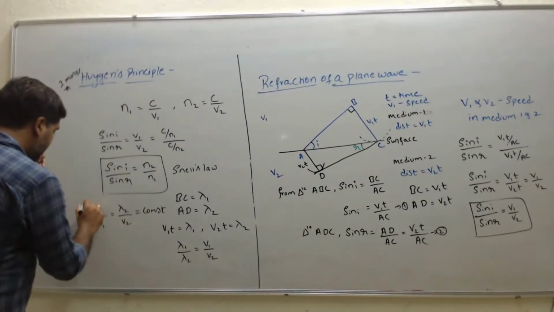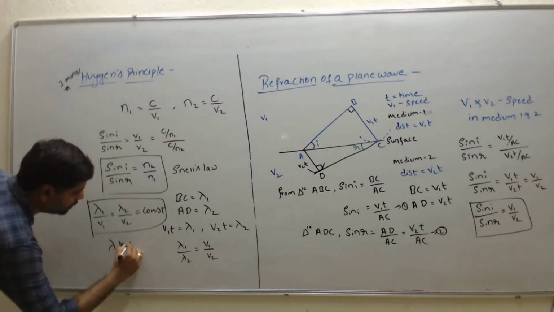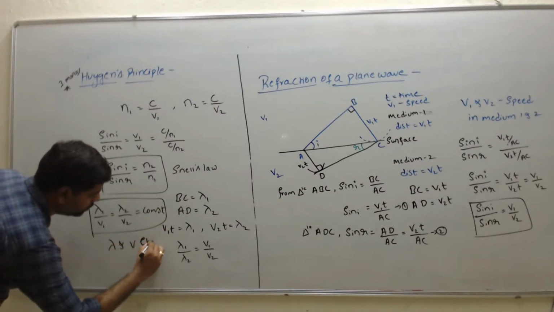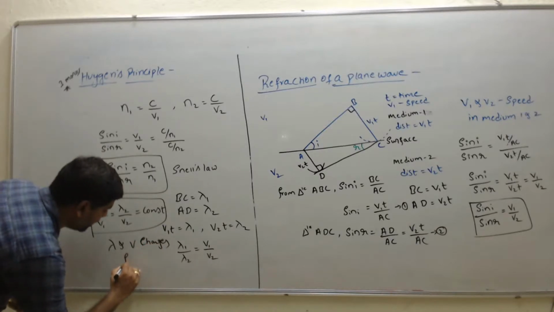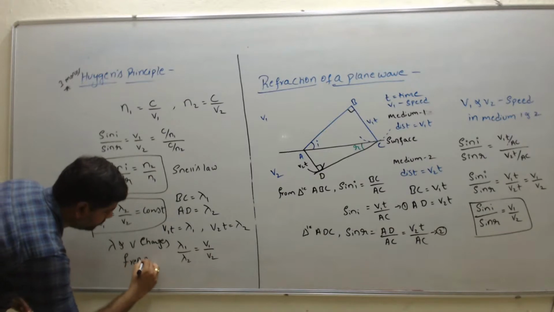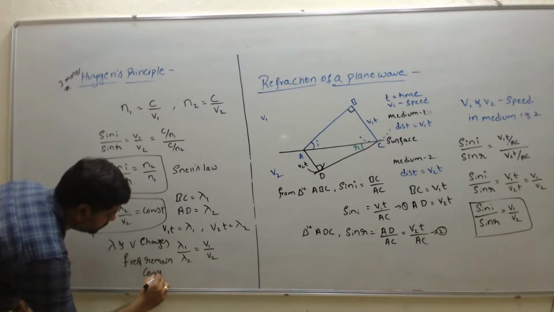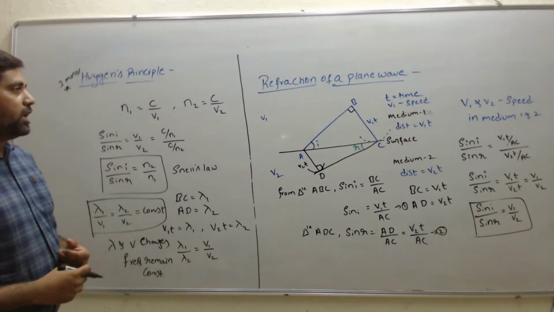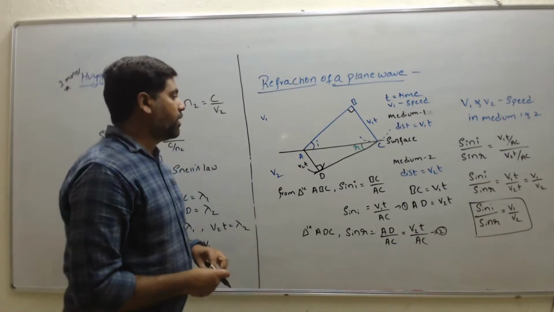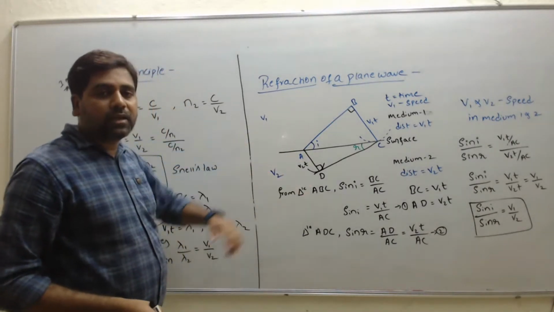From this we say that wavelength and speed change, but frequency remains constant. Frequency remains constant, right? So this is about the refraction of a plane wave when it travels from the rarer medium to the denser medium.